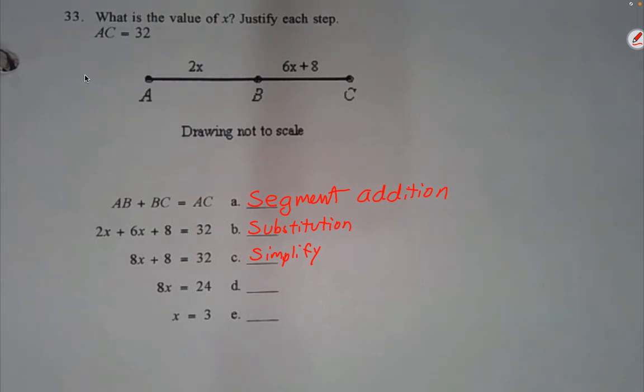Addition property means you add on both sides. What did I do with that 8? Subtraction property. I did subtract 8 from both sides, so I'll abbreviate that. Then my last step, what did I do? Divided by 8. So that's division property.